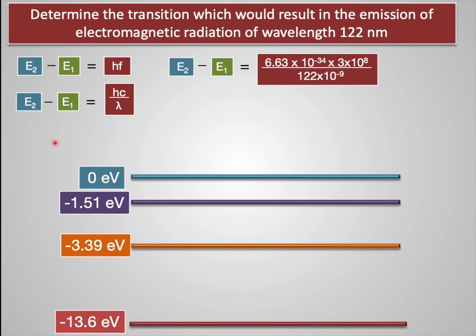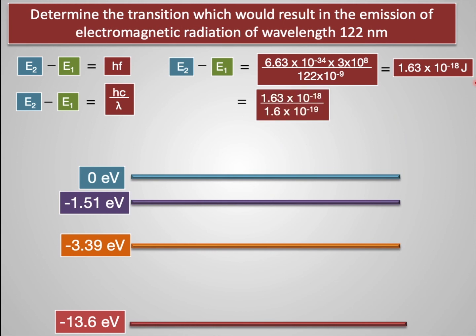I am going to calculate the value, and I got the answer, but it will be in joules because I am using meters. But the energy levels are given in electron volts, not in joules. So you have to convert joules to electron volts, and for that you have to divide by the charge of the electron. You got the value now in electron volts. This should be the difference.